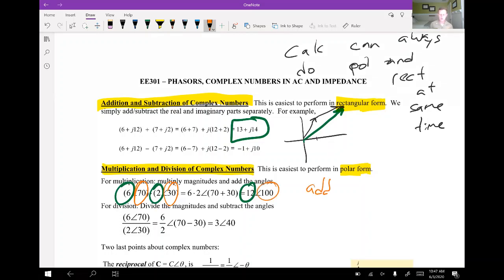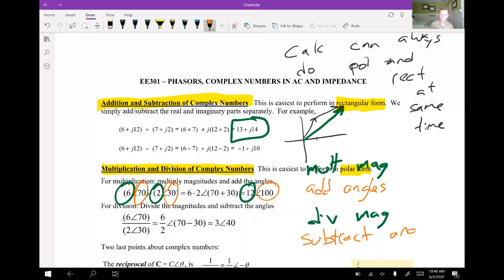So we add the angles, the phase angles, whereas for the magnitudes, we multiply. Similarly, when we divide, we divide the magnitudes, but we subtract the angles. We can see that right here. 6 divided by 2, 70 minus 30.